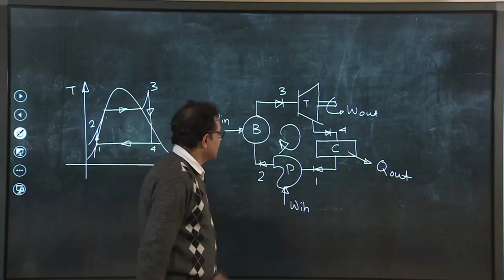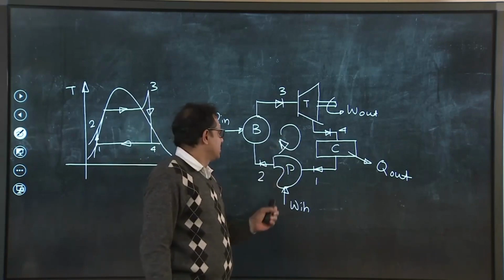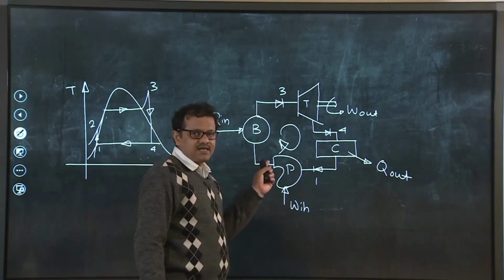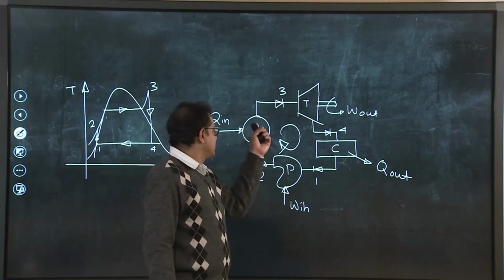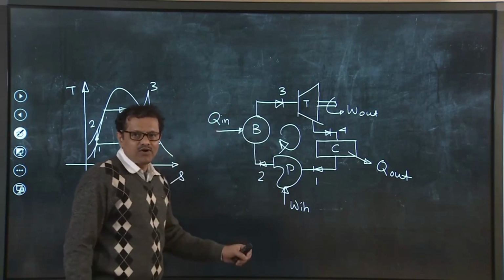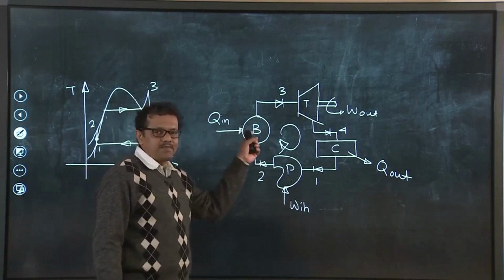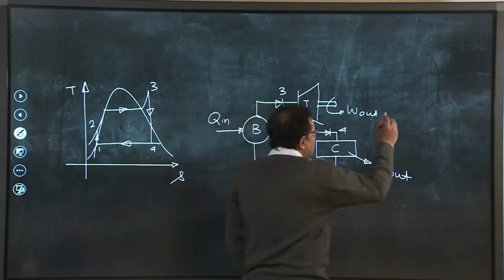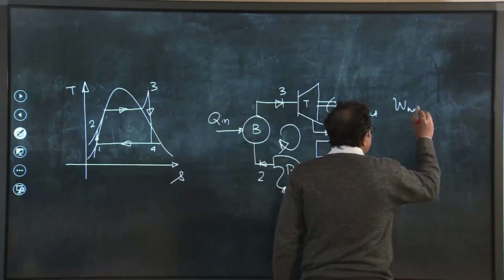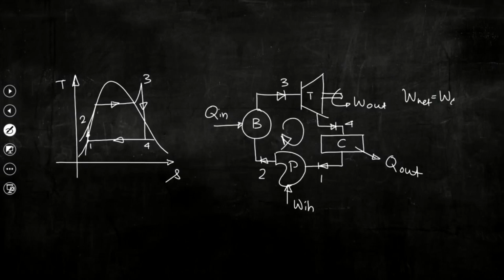So, now let us again look at this particular schematic diagram. If we consider that this is the only thermal reservoir, the boiler, wherein heat is supplied, we may get net work because W net equals W out minus W in.